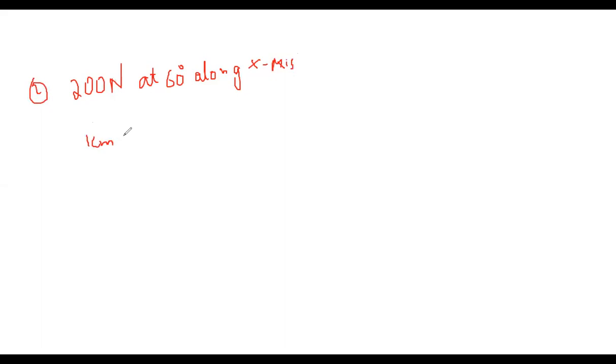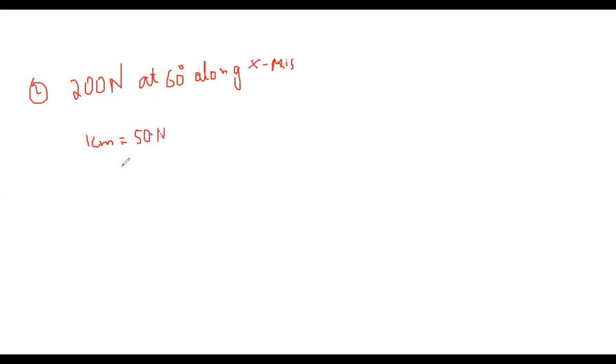For example, I say that 1 centimeter is equal to 100 Newton, so a 2 centimeter line will be required. If you take 50 Newton, then for 200 Newton you need a 4 centimeter line, and I think a 4 centimeter line is a reasonable scale.